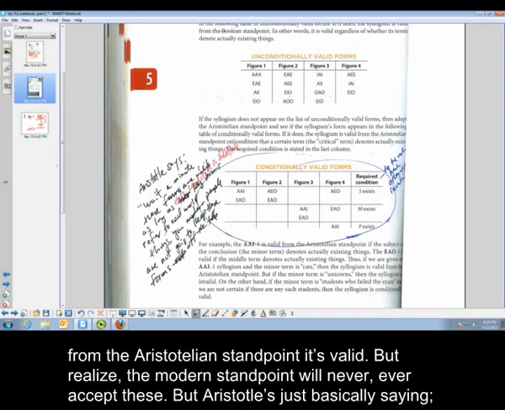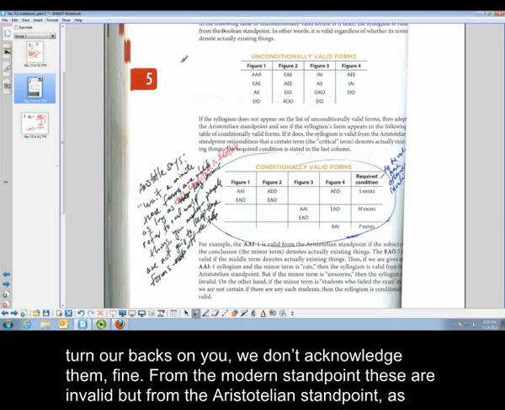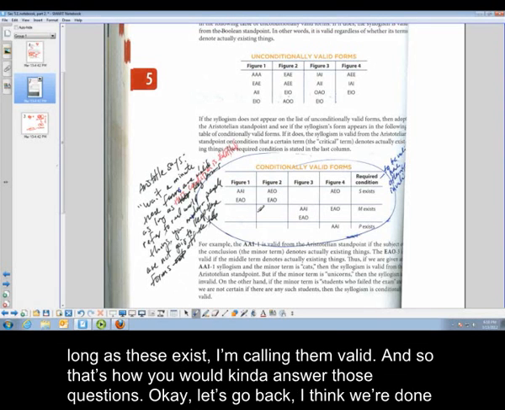But Aristotle's just basically saying, you know what? No way, you guys. I disagree with you. These are valid as long as we're not talking about trolls. If you want to say no, we're going to turn our backs on you and we don't acknowledge them, fine. From the modern standpoint, these are invalid, but from the Aristotelian standpoint, as long as these exist, I'm calling them valid. And so that's how you would kind of answer those questions.